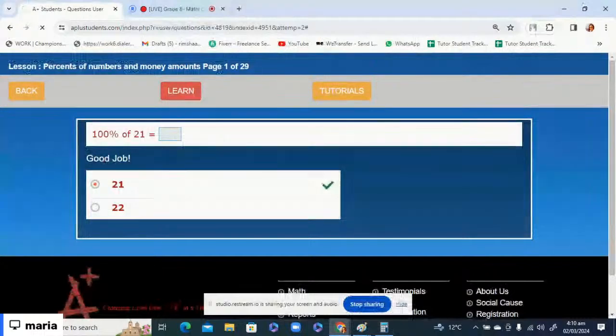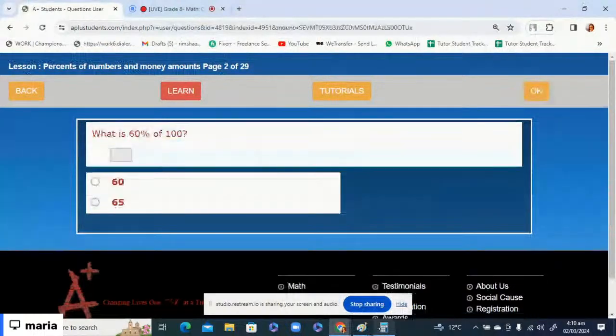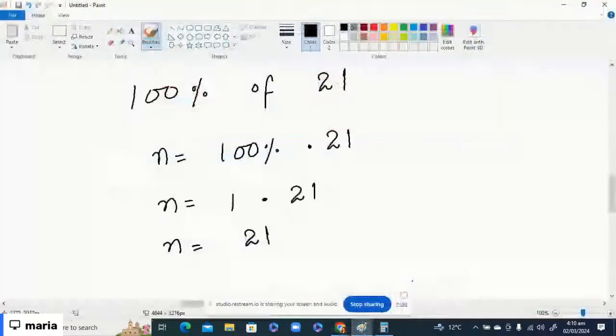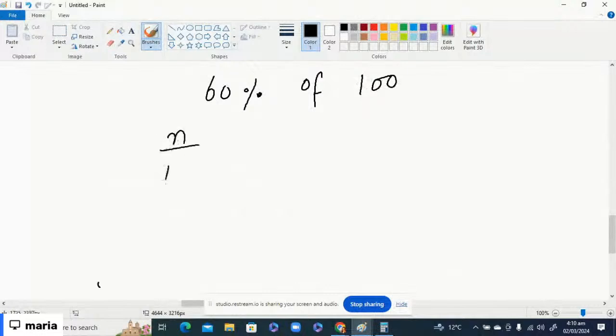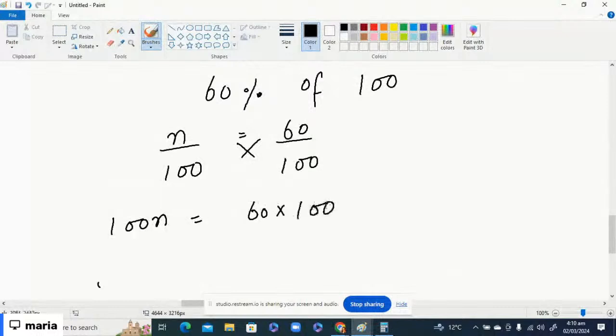Okay, now 60% of 100. Let's do this one. 60% of 100. Let's do the second method now. n over 100, which is equal to 60%, that is 60 over 100. Cross multiply, this becomes 100n, that is equal to 60 times 100.